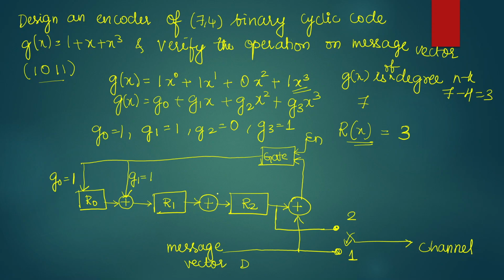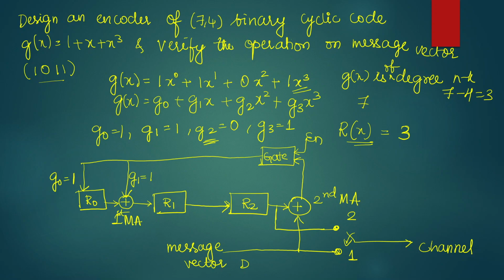For the second modulo 2 adder, corresponding to g2, the coefficient is equal to 0. So this would be an open connection, which means there will be no connection here. That means I can disable this modulo 2 adder and simply connect R1 to R2. So this is my first modulo 2 adder and this is the second modulo 2 adder. This is the encoder circuit for the (n, k) cyclic code.